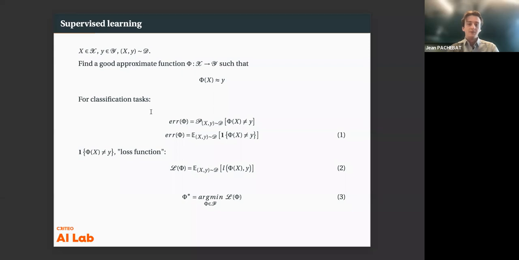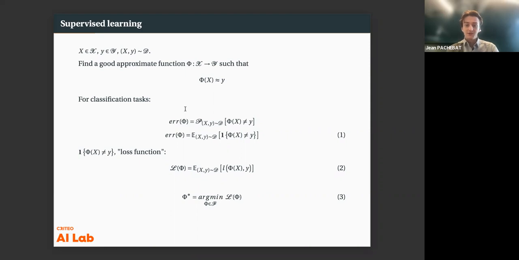And the goal of supervised learning is to find a good approximation between inputs and outputs without any knowledge of the dependency that we have. So the goal is to find a mapping from the space of inputs to the space of outputs. Here it's this phi, which gives us a correct approximation of the desired outputs.